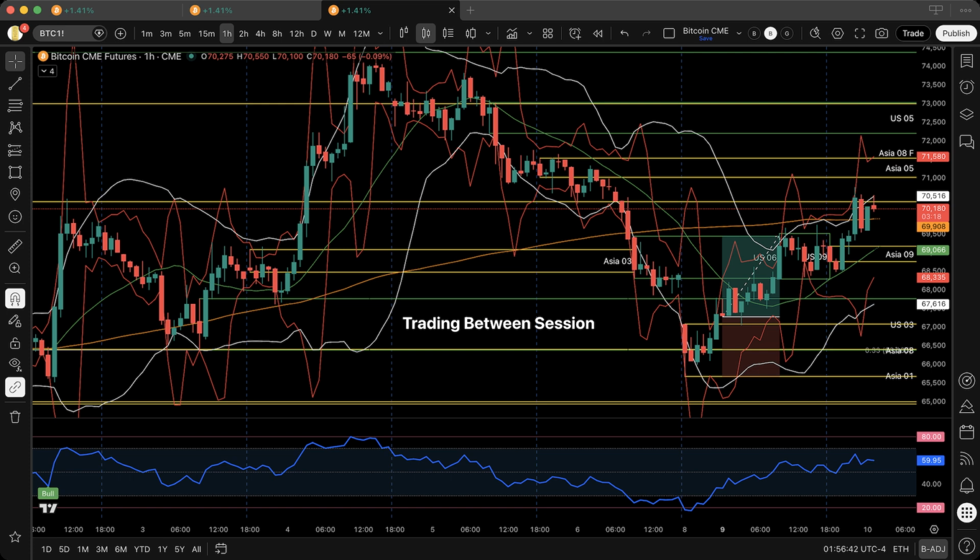That is why the between-session environment becomes important. The opportunity does not appear because a session opened. It appears because overlapping anchors compressed structure before the next session began. The upper boundary of the March 8th Asia session box becomes the immediate release level for this corridor. Below that boundary, price remains inside overlap.